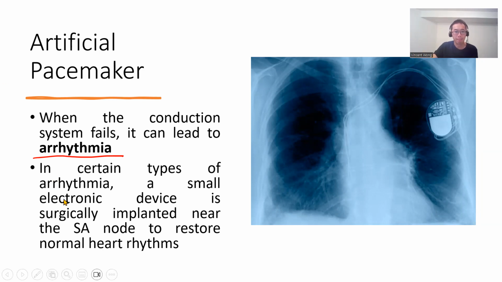So in some cases where those methods don't really work, then you have to implant a pacemaker. The device is not in the body. It is basically on the chest, but the wires go into the body, and you have to change the battery every now and then.